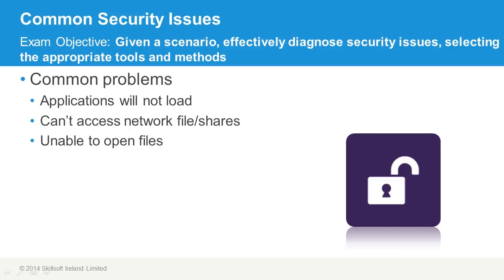If you don't have permission to access the file, the application that is trying to access the file obviously is going to fail. So other network file shares, things like that you're trying to access, it will simply come back with an access denied error, and you won't be able to open them. Now, if you know that you are supposed to be able to open those, then you just need to bring that to the attention of administration. But these are the kind of errors that you will typically encounter.